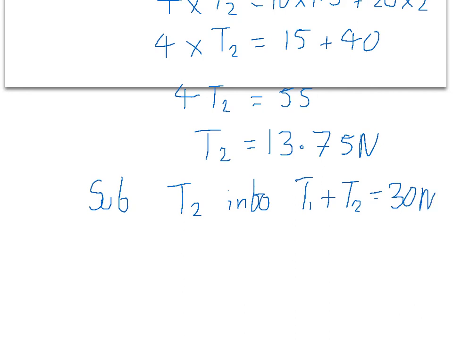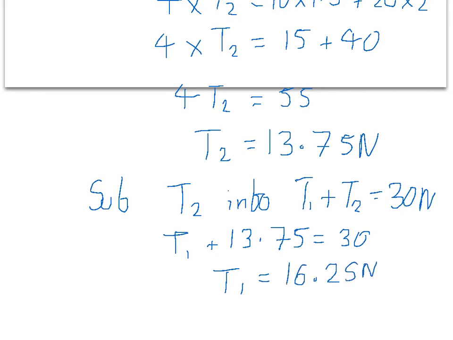So, here we go. T1 plus 13.75 is equal to 30. And if you rearrange that by taking away 13.75, you get T1 is equal to 16.25 newtons. So we found the tension in both T1 and in T2.